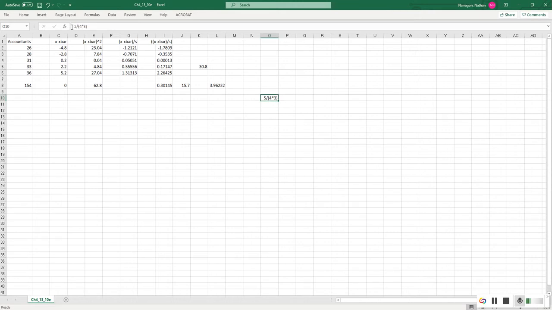Make sure you put your equal sign if you're going to put it in here. So 4.41667. We'll multiply these two. So equal this times this. So we come out to 0.12561.